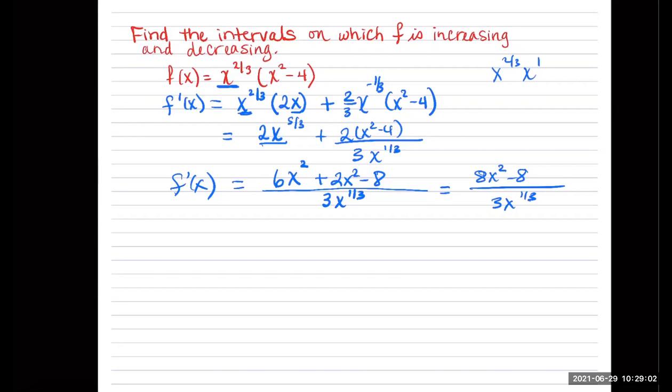So the next thing we want to do is find where the derivative can change sign. And that function can change sign when it's either equal to 0 or undefined. So again, another way to say that is we need to find the critical points. And so we are going to find out where the derivative is equal to 0 and where the derivative is undefined.